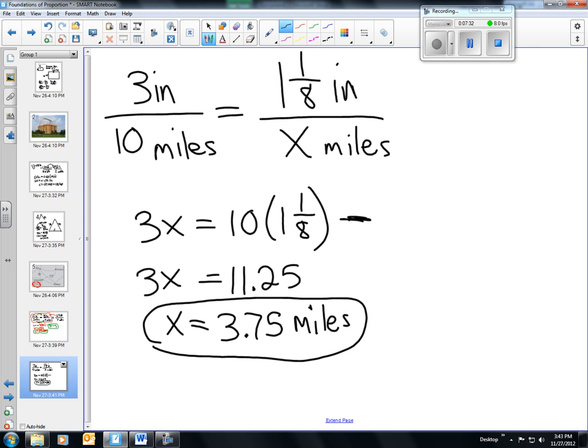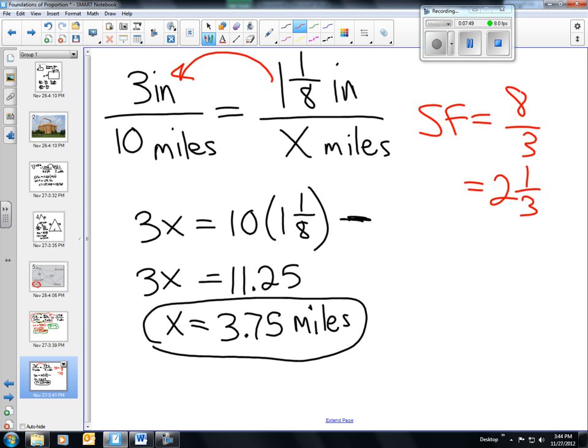If you use the scale factor method, you would basically say what number times 1 1/8 would equal 3. So in this case, you would say that the scale factor would be 8 over 3, or as a mixed number, 2 1/3. You could also use the scale factor going the opposite way. If you wanted to go from the 3 to the 1 1/8, then the scale factor would change to 3/8.